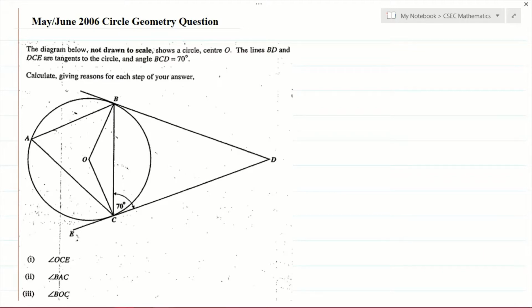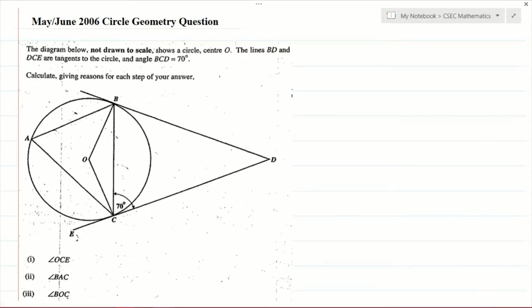Calculate, giving reasons for each step of your answer: part 1, angle OCE; part 2, angle BAC; and part 3, angle BOC.